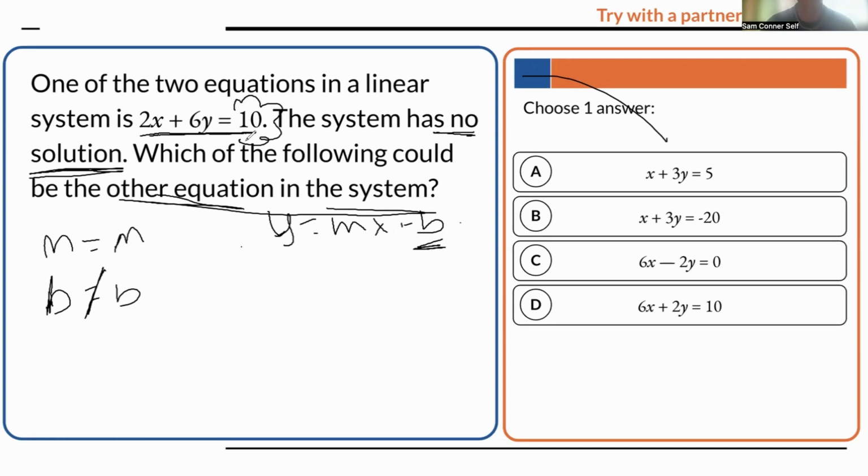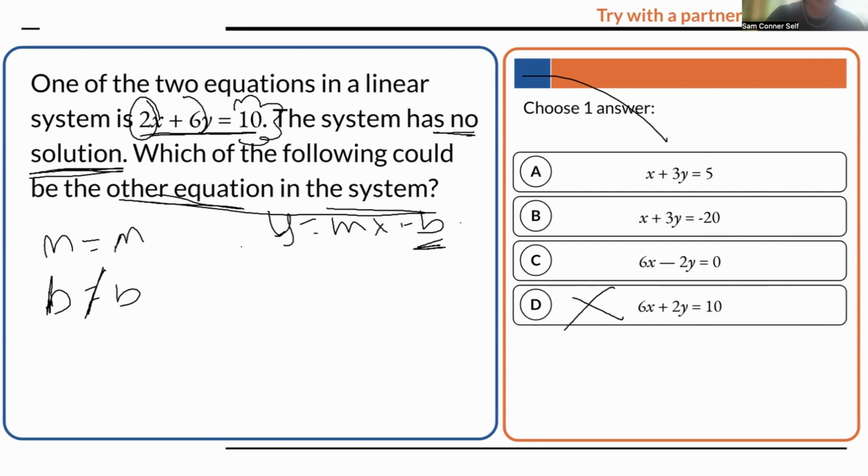Obviously you will have to divide by these two to solve it out like this, but that's the first step. So the y-intercept is 10, and then that's going to be divided by 6. But looking and seeing, are any of these 10, to see if we can eliminate any answers right off the bat. So we see that this is going to be 10, so it's probably not going to be D.